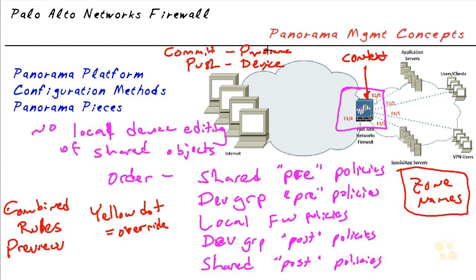So we're spreading out our disk space usage and our processing power to collect all these logs and separating it from the actual management function. And that's again just for really large deployments. But we got lots of options, if you will, for what Panorama can do for us.